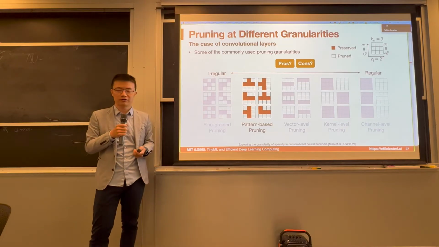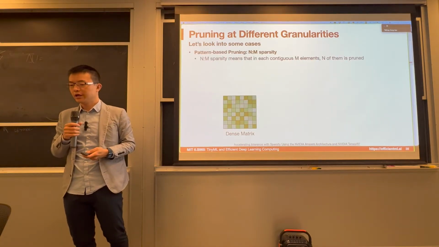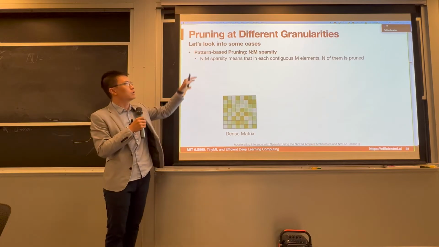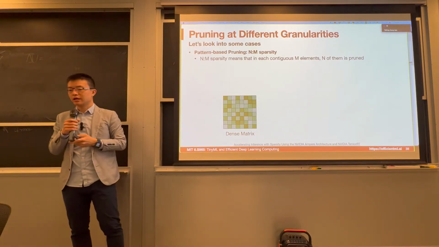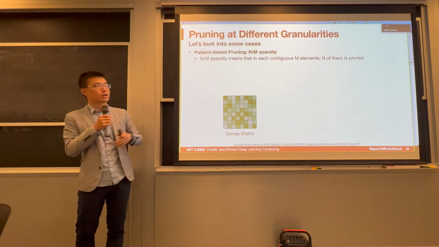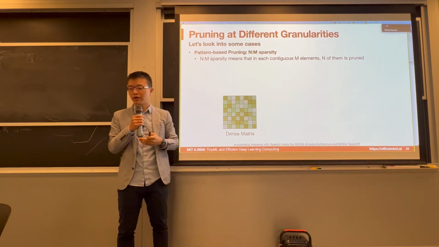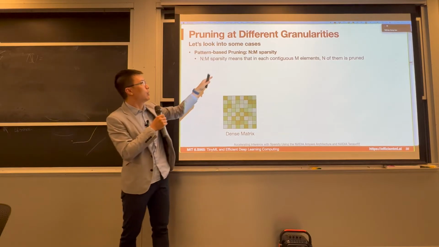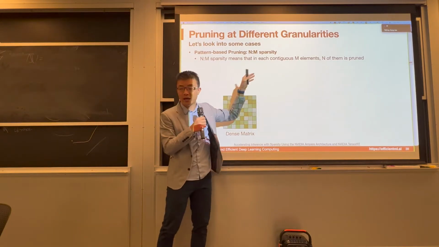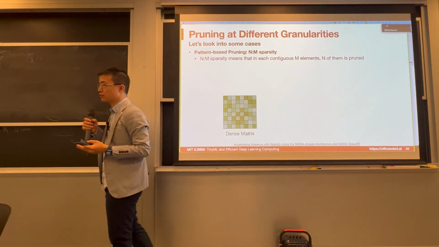And then we have pattern-based pruning, where, for example, NVIDIA has structured pattern-based pruning with N to M sparsity. What is N to M sparsity? Out of every M elements, N of them have to be pruned.